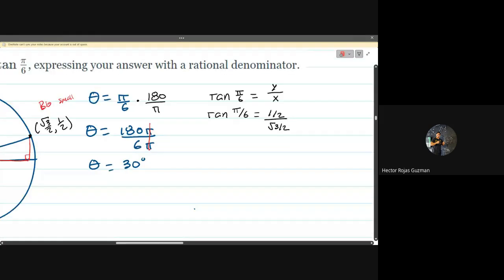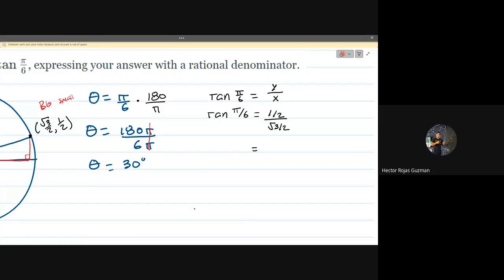Okay, let me zoom in a little more. This is going to be kind of a tricky problem, but nothing too bad. To divide a fraction by a fraction, we're going to multiply by the reciprocal. So the first fraction, we're going to keep the same, 1/2. We're going to change division to multiplication, and we're going to flip the second fraction.